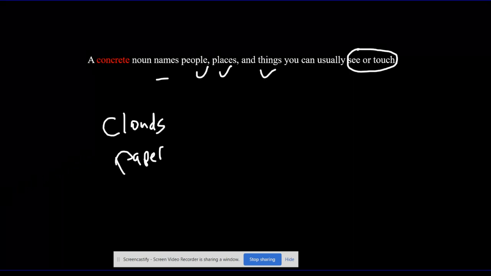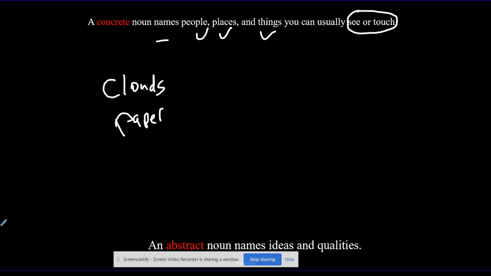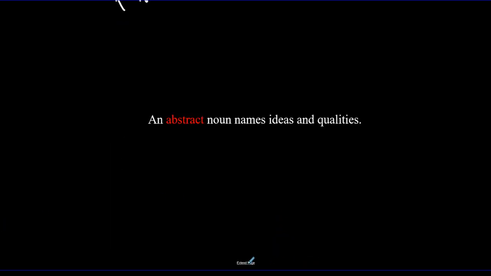The other type of noun is called an abstract noun. An abstract noun usually names ideas, qualities, or characteristics. For example, if I say bravery, this is something that you cannot just see, it's a quality that someone has.